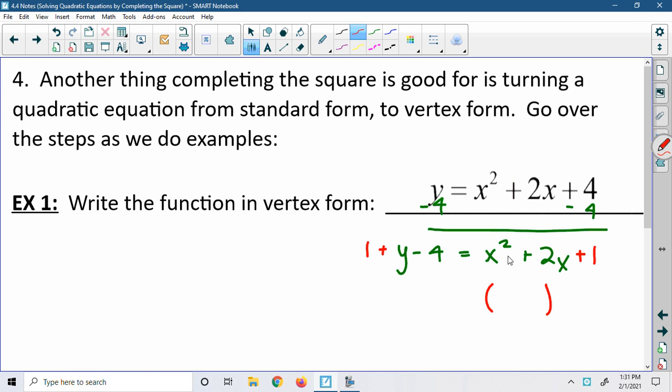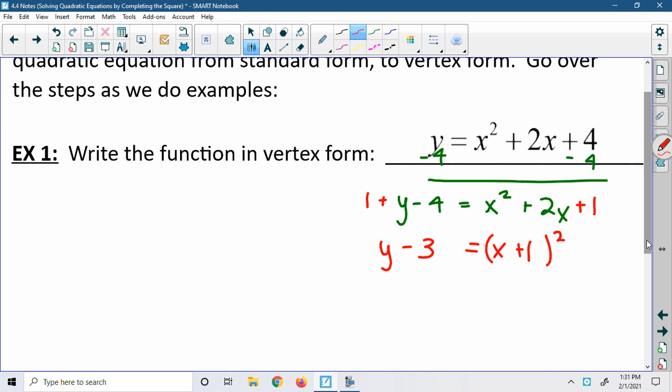So hopefully, if we did it right, we just made that factorable. X squared plus 2x plus 1 would factor into x plus 1 times x plus 1, which I will write as x plus 1 squared. On the left side, we'll get y minus 3. And remember, at this point, we're not trying to solve, so we won't do the square root.